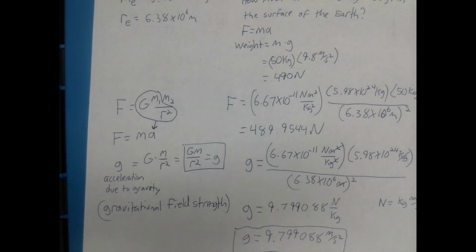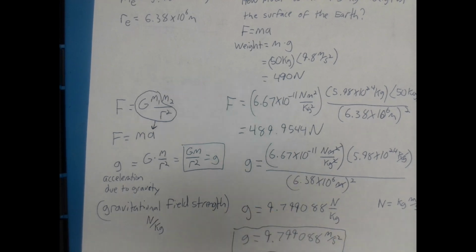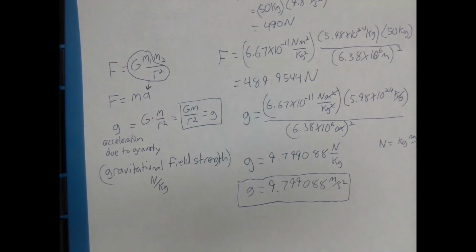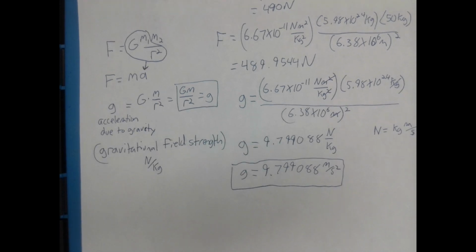When we call it gravitational field strength, we usually refer to the units newtons per kilogram. So when we describe it as a field, we usually like to think of it in terms of a force field. So we have a force per kilogram, but that's equivalent to a meter per second squared. So you could think of it in either way. I think that's where I'll stop today.